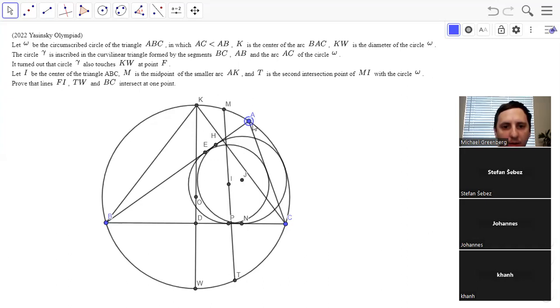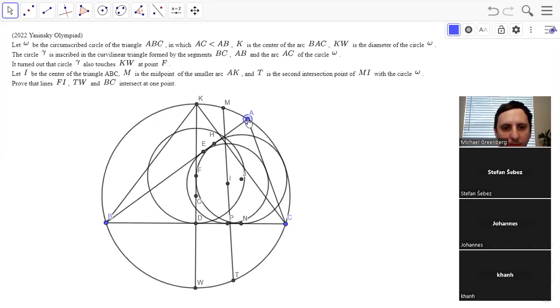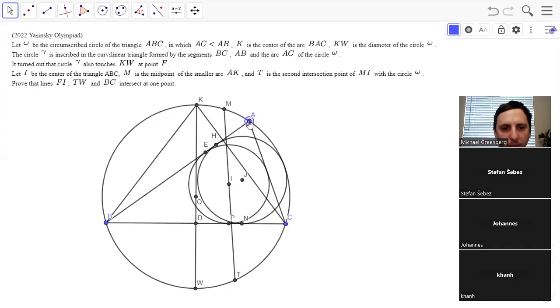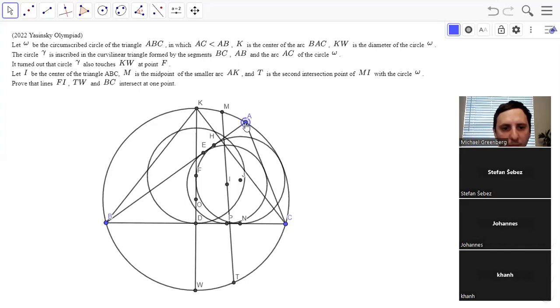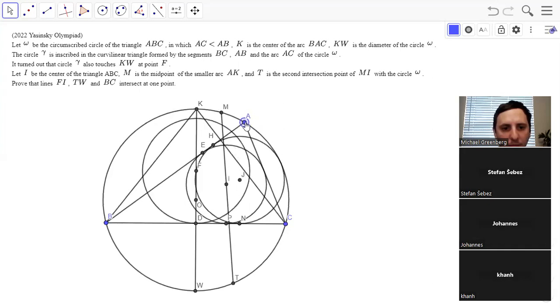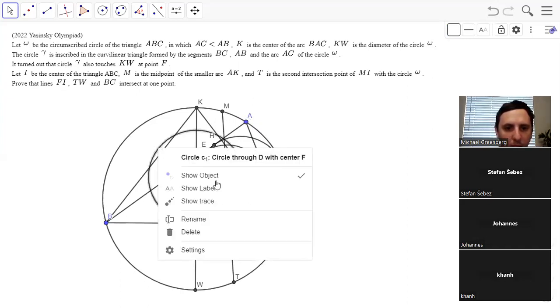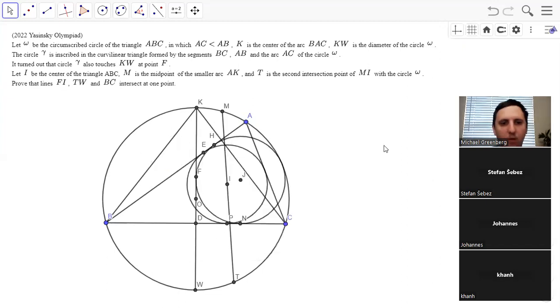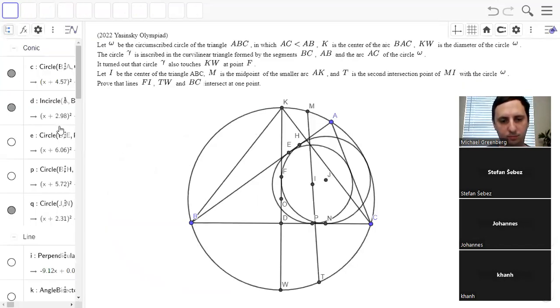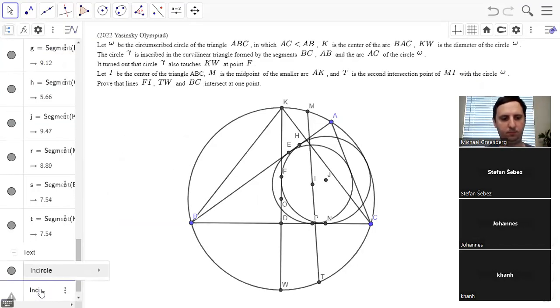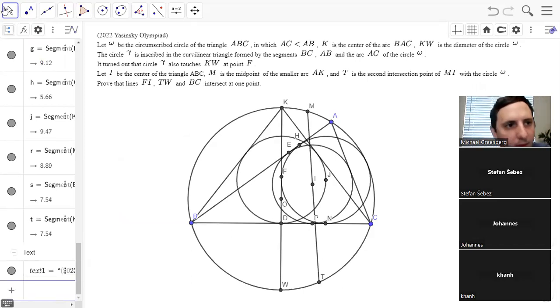I don't see how Thebault's theorem applies here. The mixtilinear circle of ABC is the curvilinear incircle of KBC with cevian KD. And then line FN passes through the incenter, but F lies on the angle bisector. Okay, yeah, that's true.